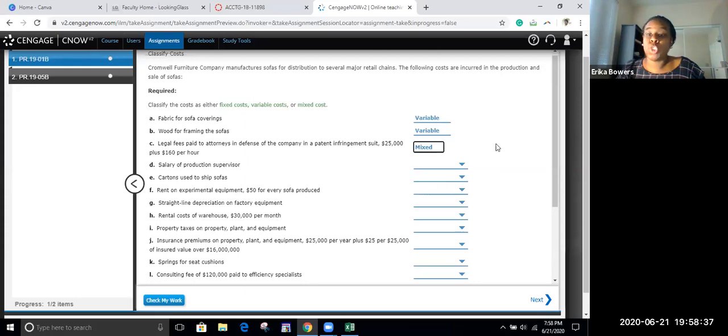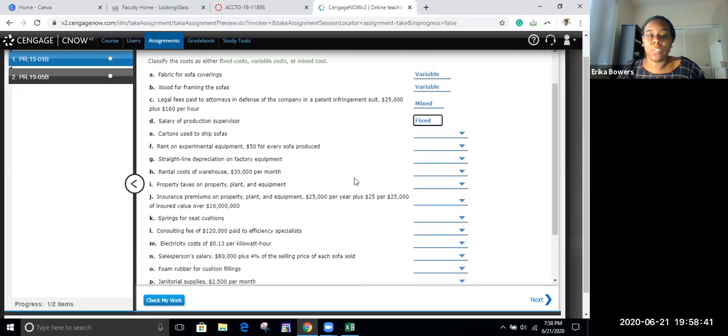Salary of production supervisor. We know supervisors have a set salary, so that's fixed. Cartons used to ship sofas. The more cartons, so that's variable. Rent on experimental equipment, 50 for every sofa produced. So although this is rent, because it's per sofa, it will be variable.